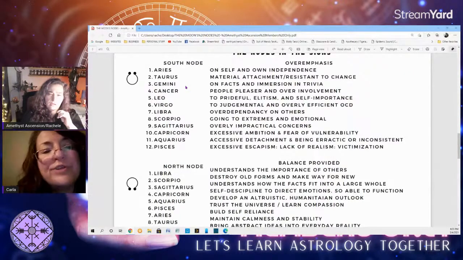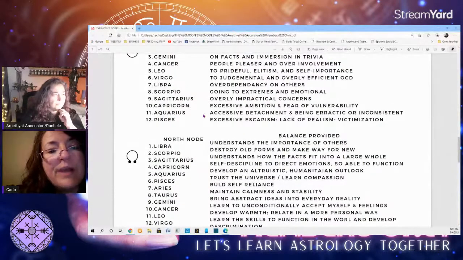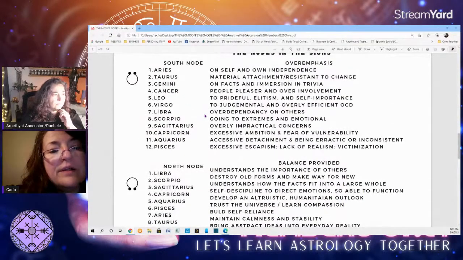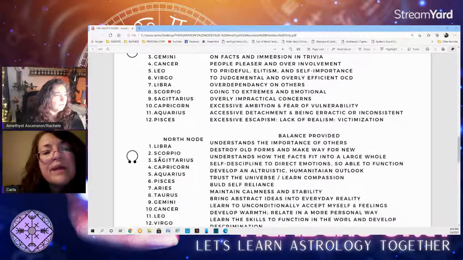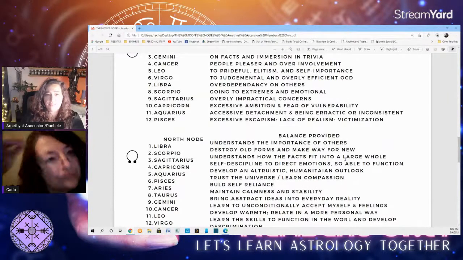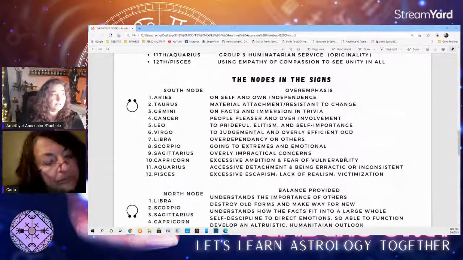You've got the nodes and the signs. Like my north node is Pisces. She said hers is Gemini and yours is Aquarius. So you've got that here, the balance provided. I think that's on the 2nd page: the nodes and the signs, the overemphasis, and then the balance provided. Okay, that's what I mean. It's both. I'm making it too simple. It's both because those are not the correct houses.